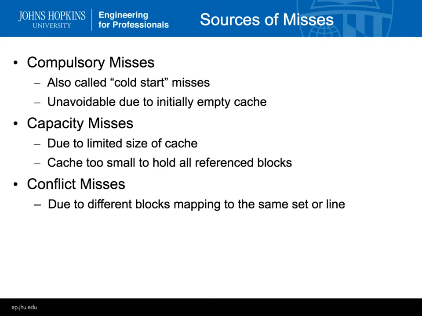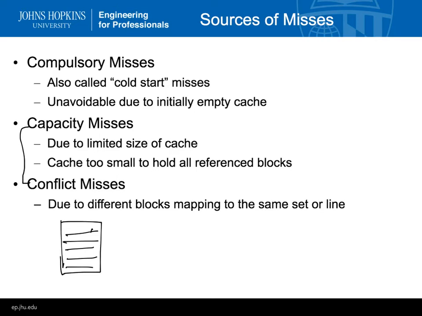So when we start up a computer, the cache is going to be completely empty. That means that everything you do is going to be a miss at first until you fill up the cache. We're going to talk about different ways of putting items into a cache. If you put it in there randomly, or anything can be anywhere, you could have a capacity miss because the whole thing is full, and so what you want isn't there.